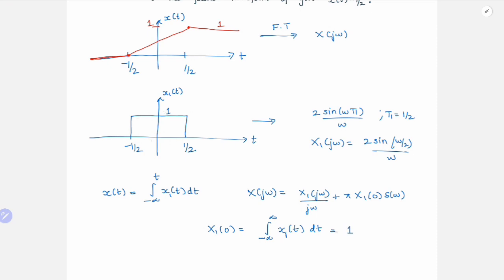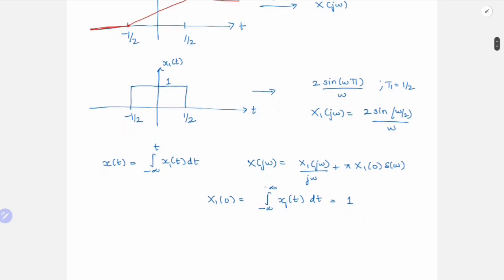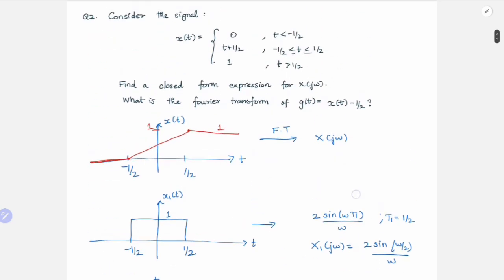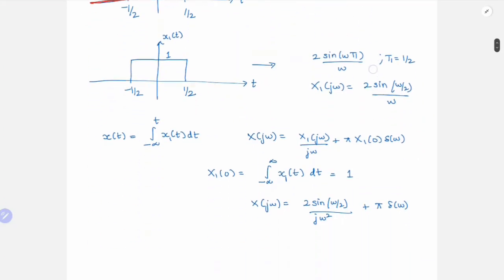So this is going to be equal to 1. So x of j omega is 2 sine omega by 2 by j omega square plus pi delta of omega. Okay, so this is the answer for our first part.